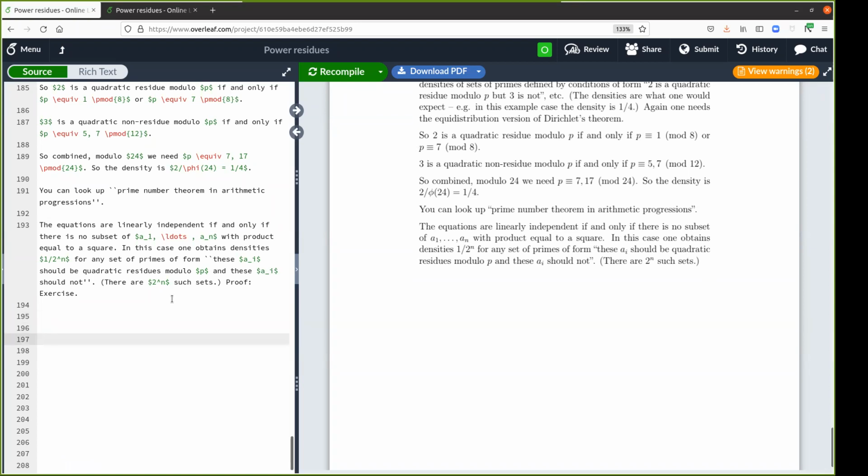Okay, well, I guess we'll then move on to the higher power residues.